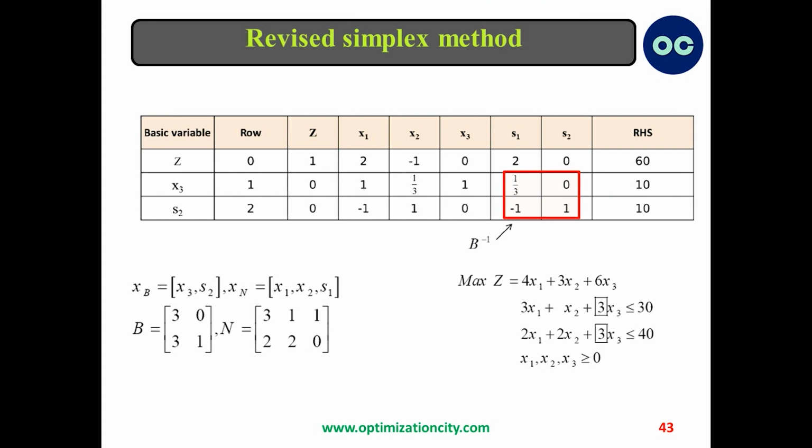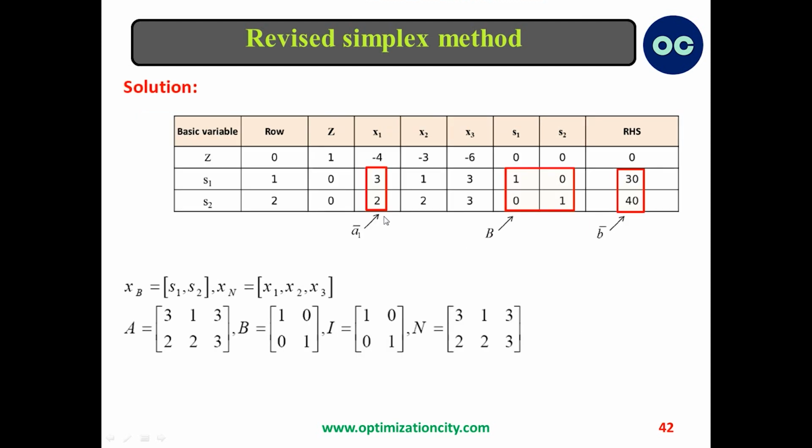This is the table for the first iteration of the simplex method. In this table, xB is x3 and s2, and xN is x1, x2, and s1. Basically, B is a matrix containing the coefficients of the basic variables in the starting table, and B inverse is its inverse matrix. The coefficient of x3, the basic variable, is 3 in the first and second constraints. So let's go to the first table.